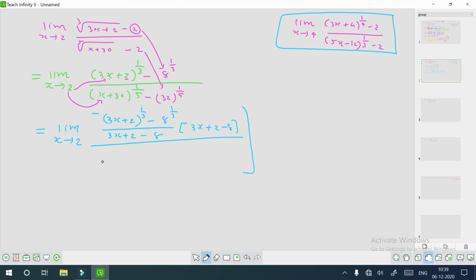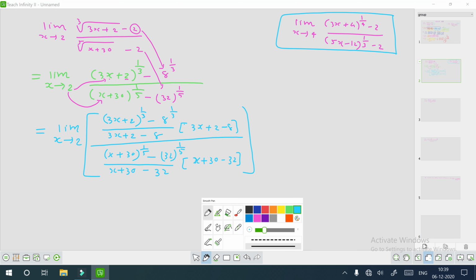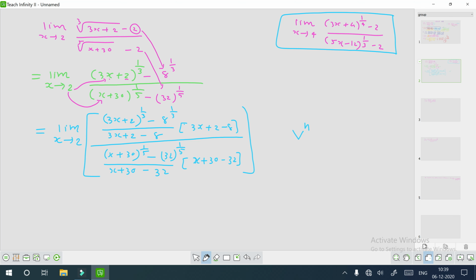Now let us do the denominator quantity, x plus 30 raised to 1 by 5, that is variable raised to n minus constant raised to n, over what we need? Variable minus constant. So multiply and divide by variable minus constant. Now, of course, arrange every term. Now we have to see variable raised to n minus constant raised to n over variable minus constant is there. Next we need to arrange variable tends to constant.